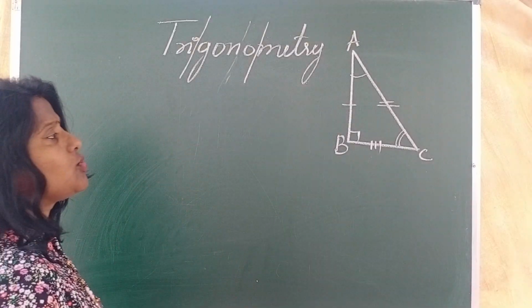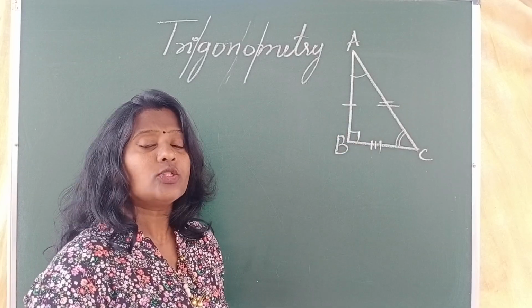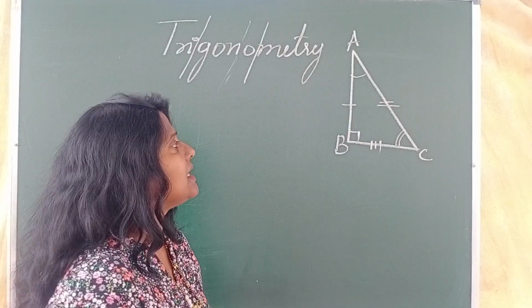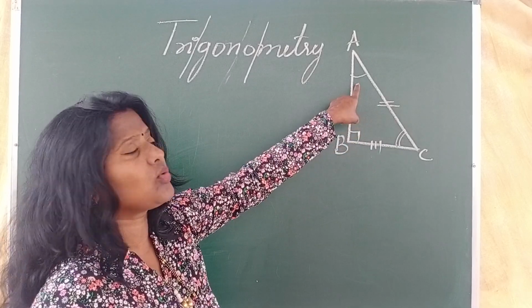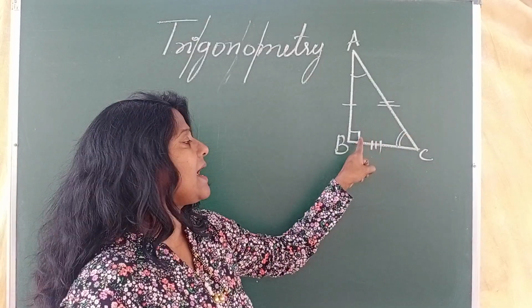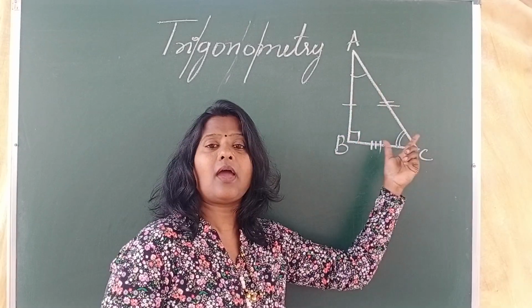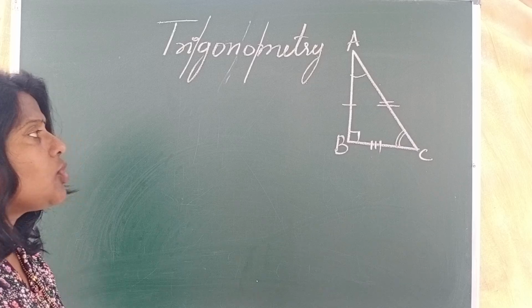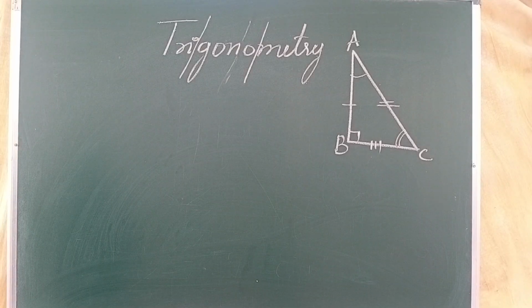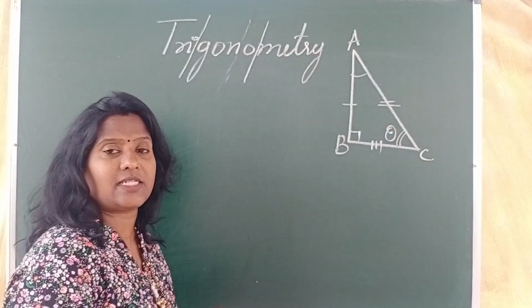Before going to that, we have to name the sides of the triangle. For that, we have to consider one of the acute angles. Already angle B is fixed, 90 degrees, so we consider either A or C. Let me consider C. I will consider this angle as theta.